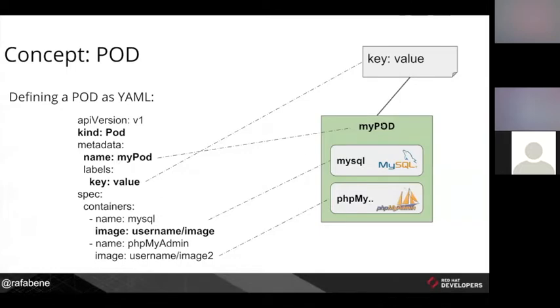You just provide a name for the pod and a series of labels. And again, we'll talk about labels later. Then the specification of a pod is a list of containers. So you can give a container a name and the image. Of course, you can provide more things like environment variables, volumes, memory and CPU limits, but the basics are the name of the container and the image.